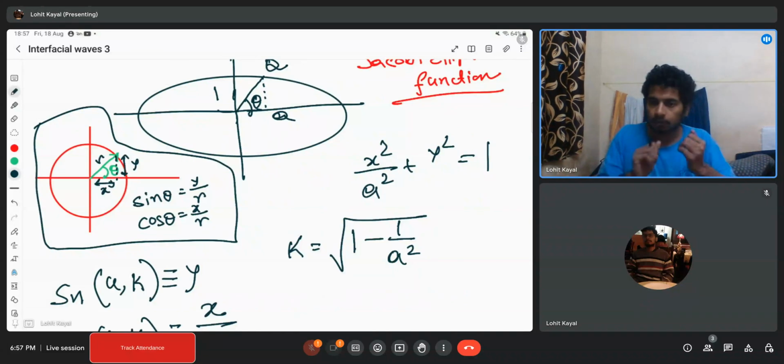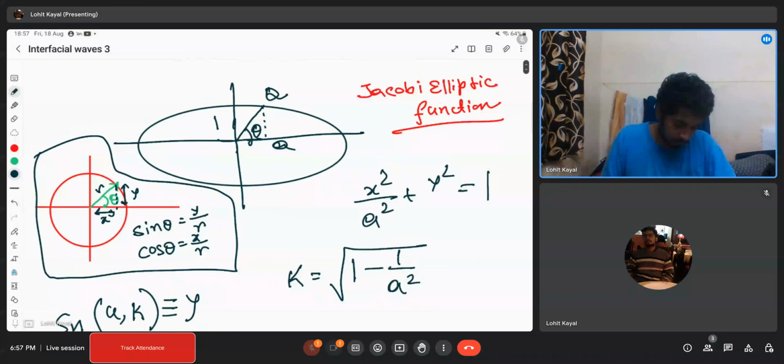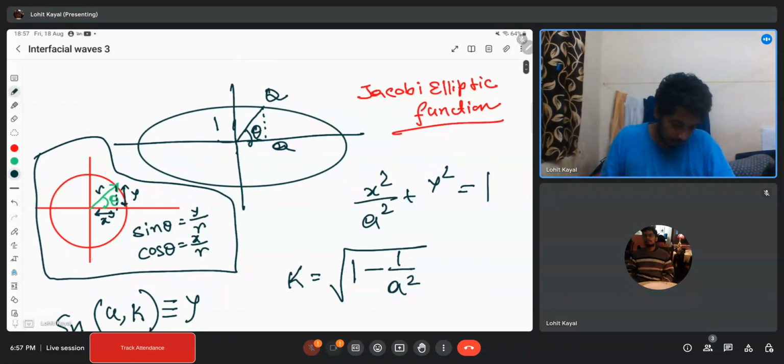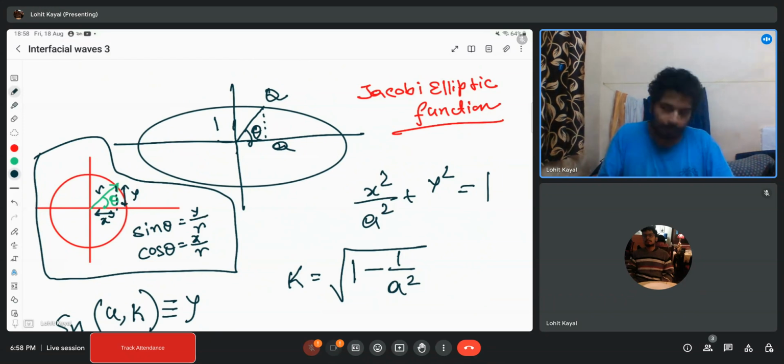Now, to solve the full nonlinear pendulum problem, we need to do something similar, but it is more complicated. We will now take an ellipse, and we will measure some angle which is similar to sine theta and cos theta, but as it is an ellipse, it is obviously different.